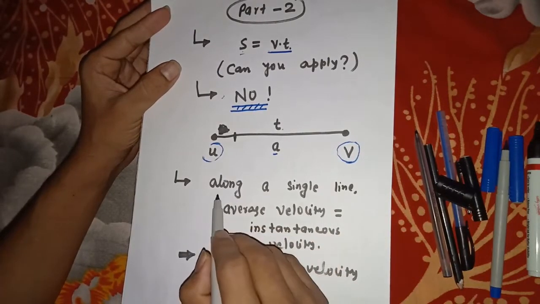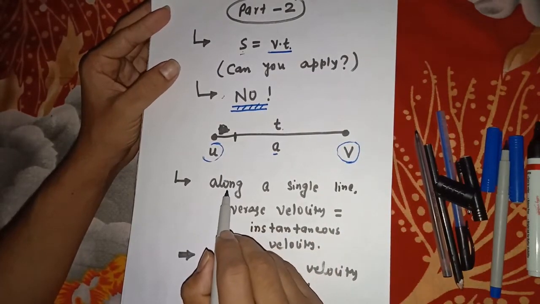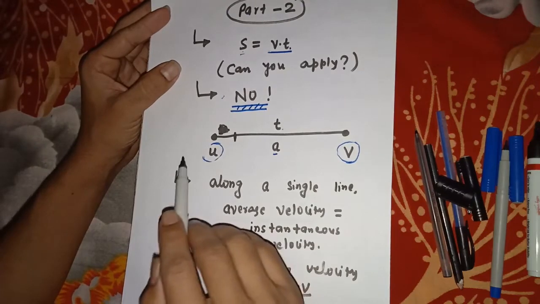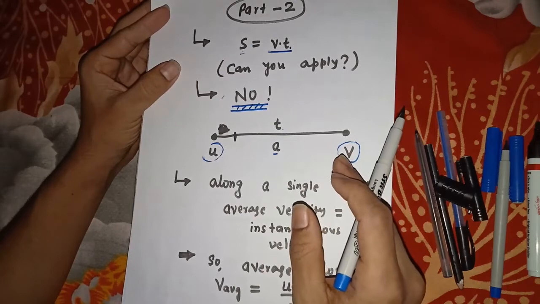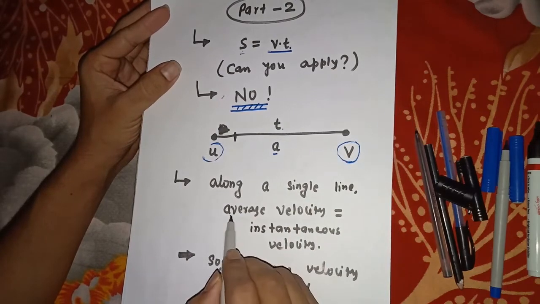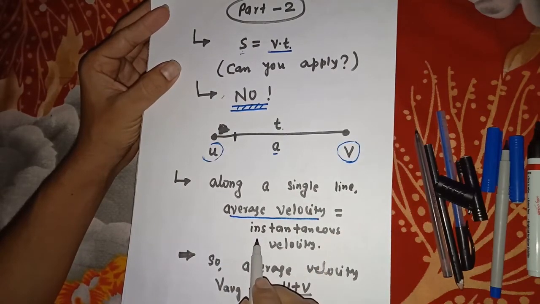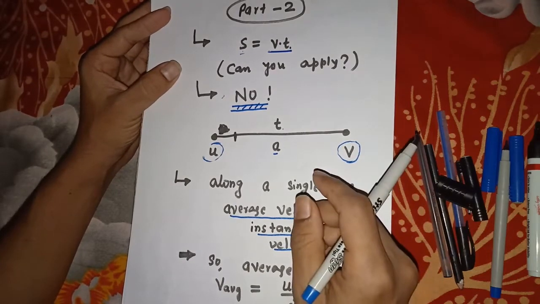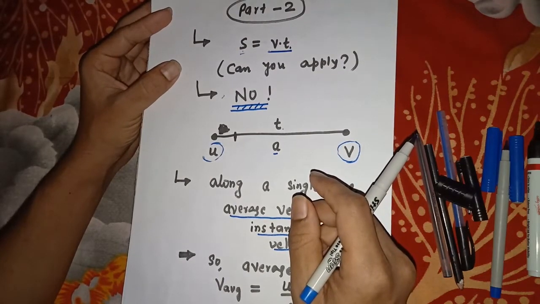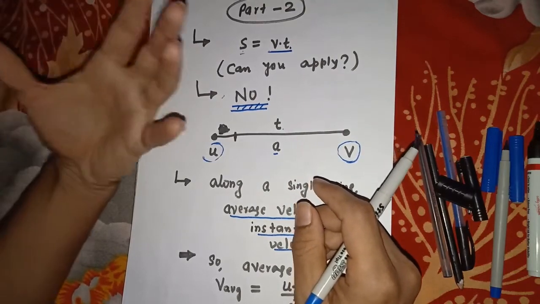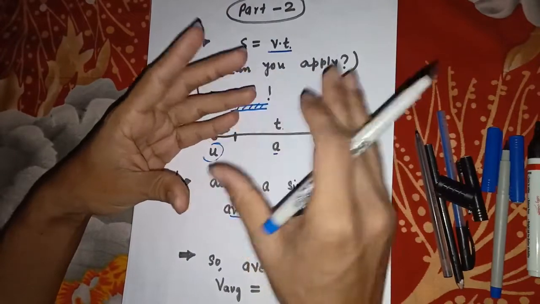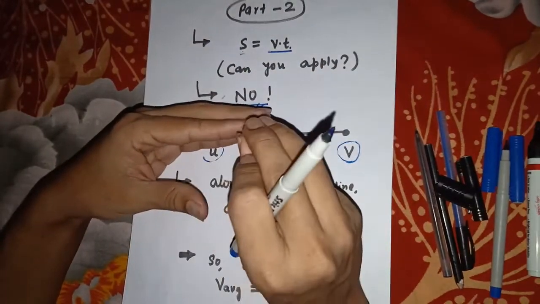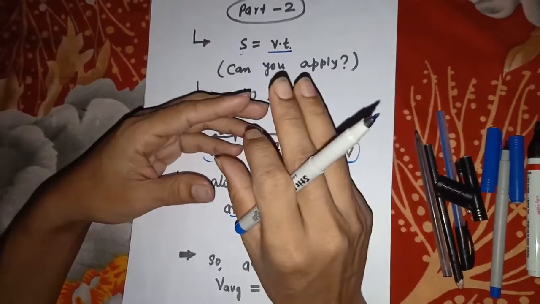But I discussed in the previous lecture that if you go in a straight line without changing direction, then the average velocity gives the same answer as instantaneous velocity.